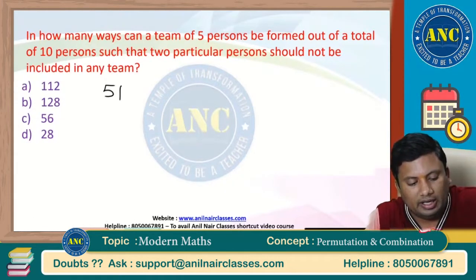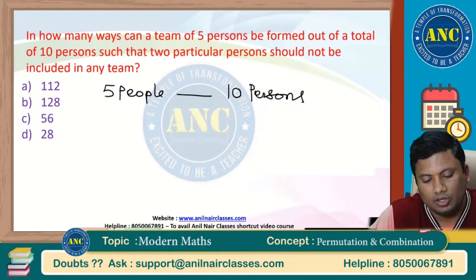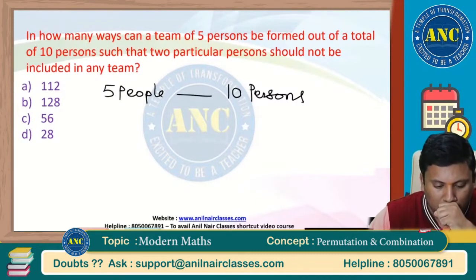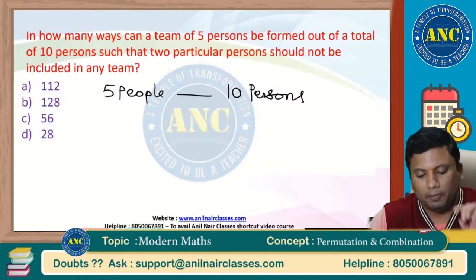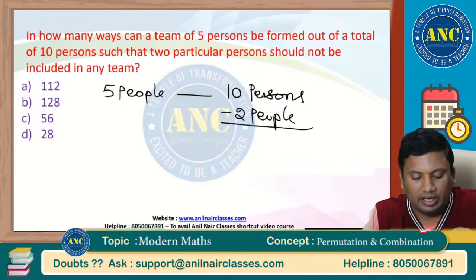Now, in a team of 5 people, I need to select a team of 5 people from 10 persons such that 2 particular persons should not be included in any team. So they are not included here.